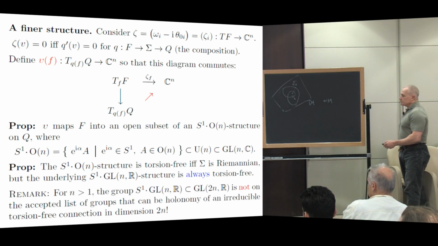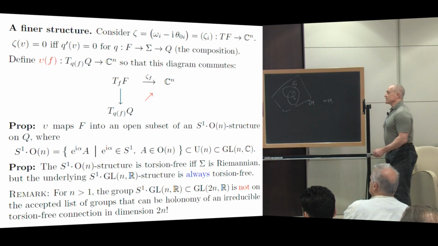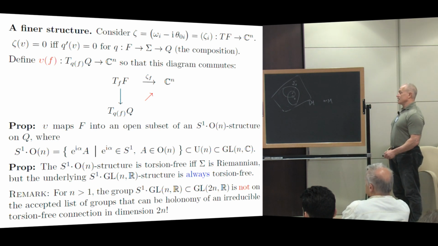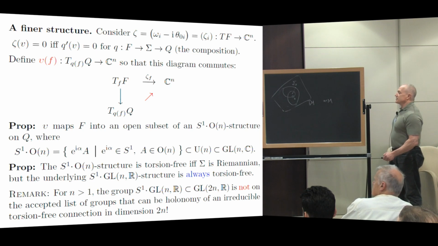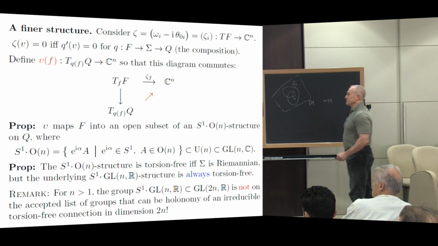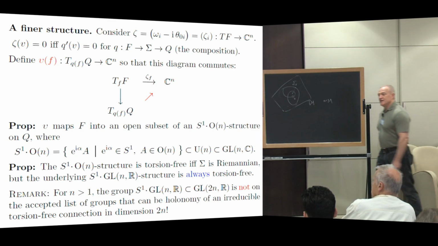And this piqued my interest because this group, S^1 times GL(n,R), sitting inside GL(2n,R), acts irreducibly on R^2n, but it's not on the accepted list of groups that can be holonomy of an irreducible torsion-free connection in dimension 2n.